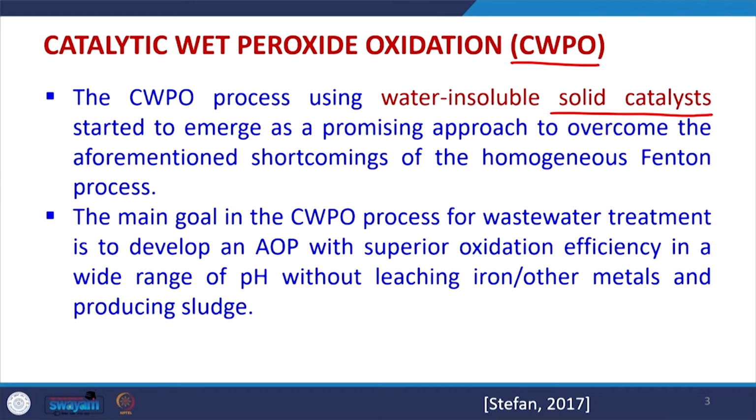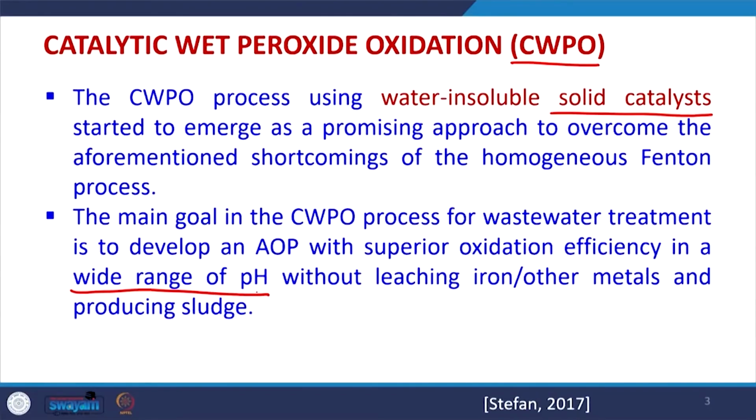Similarly, in the heterogeneous Fenton reaction, we can use the Fenton technique only up to a certain pH, and generally it is applicable in the acidic range. This technique can be used at other pH conditions also. So, it may be used for treatment of water at a wide range of pH.